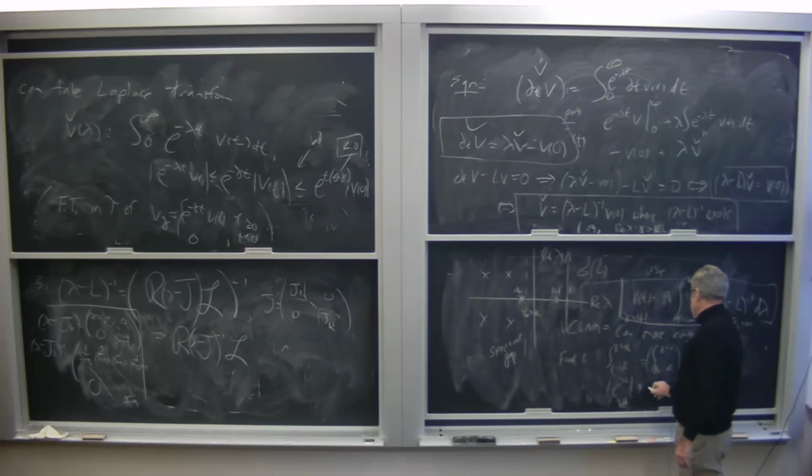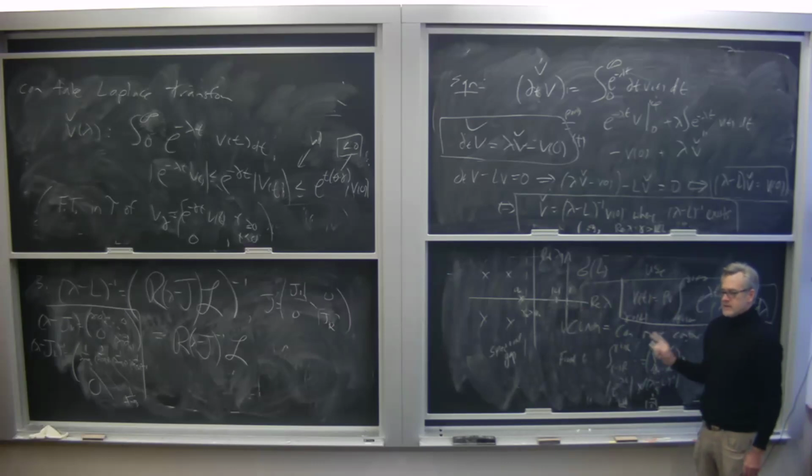And then (lambda minus L) inverse is like 1 over lambda. We just showed this is actually decaying like 1 over lambda, that's the asymptotics.